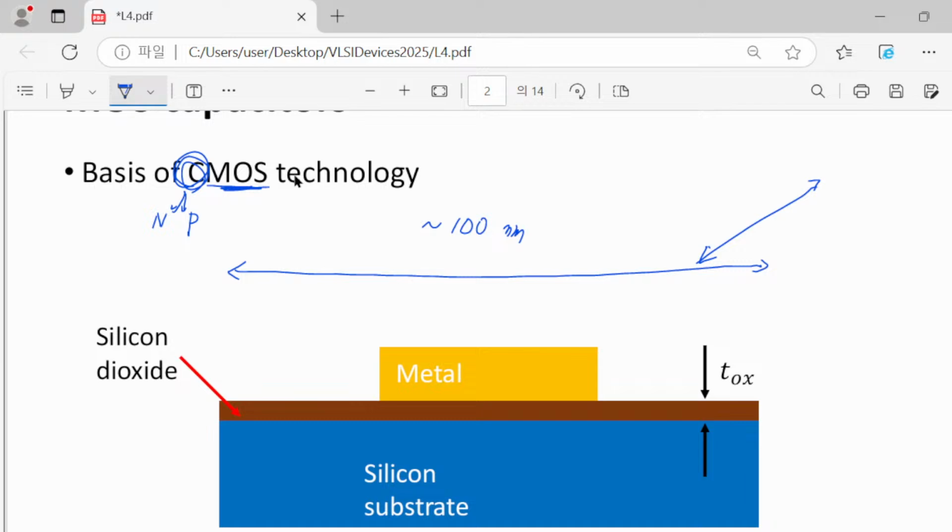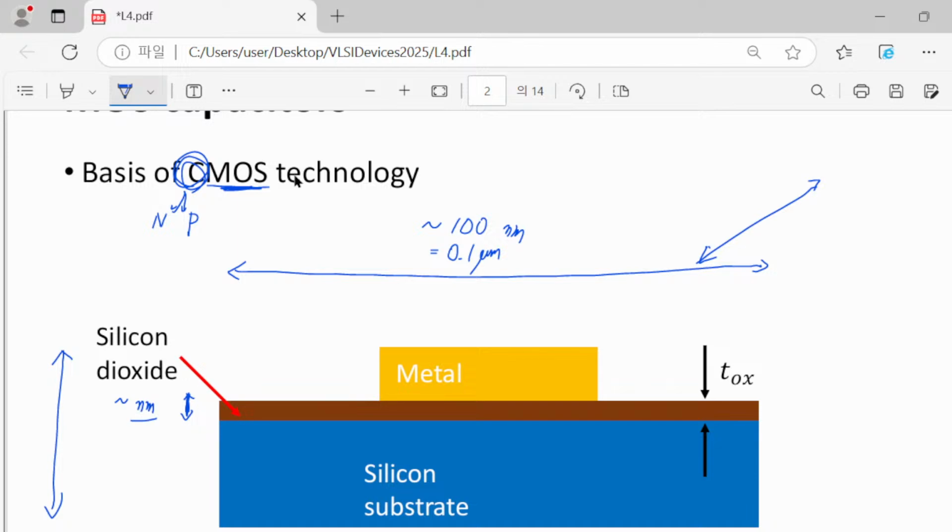For example, 100 nanometers corresponds to 0.1 micrometer. But compared with these two dimensions, our vertical direction, the third direction, shows an even shorter dimension. The most critical length scale in this vertical direction is of course the thickness of this silicon dioxide layer, and it is just on the order of a few nanometers.